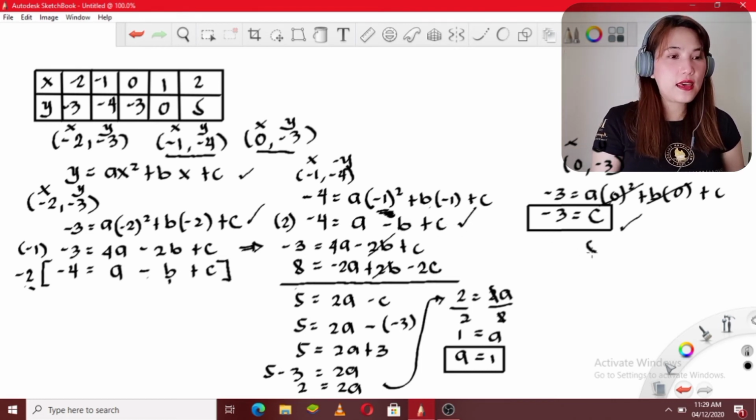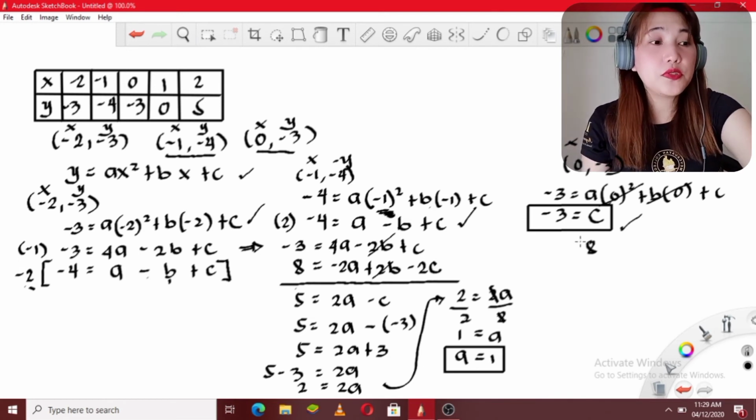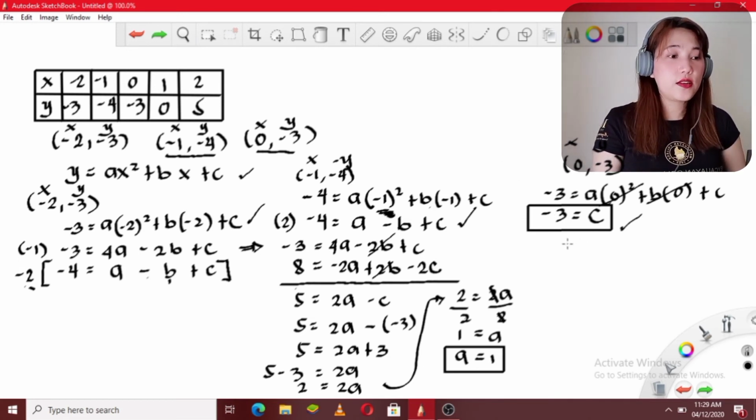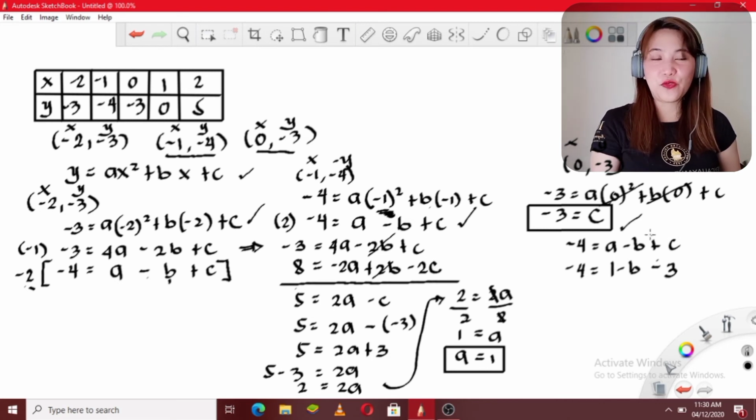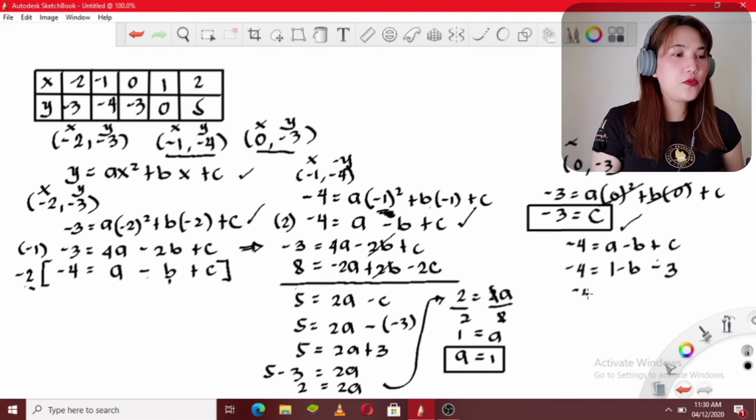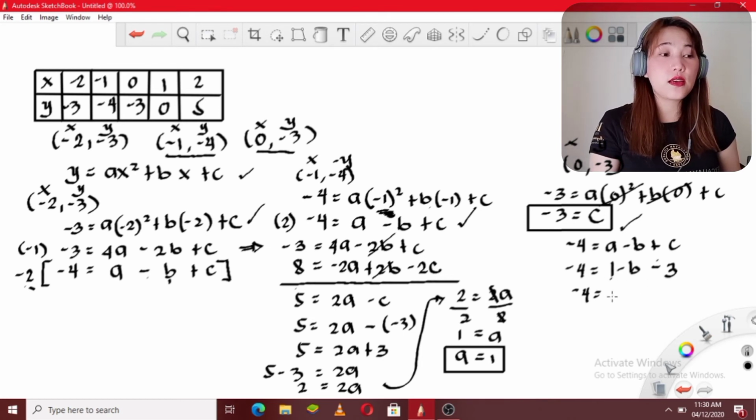And that is equation number 2 is negative 4 equals A minus B plus C. So we have now negative 4 equals, substitute the value of A. A is 1 minus B plus C. C is negative 3. So plus negative 3 can be written as minus 3. And then solve. This will become negative 4 equals, combine 1 and negative 3. 1 minus 3 is negative 2.